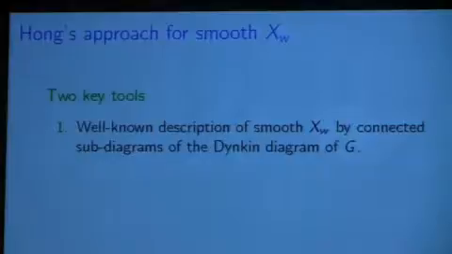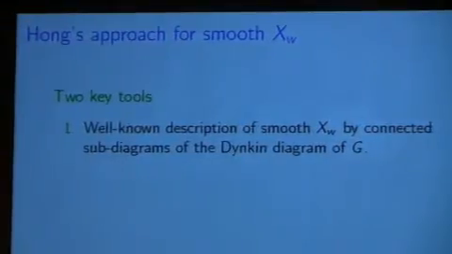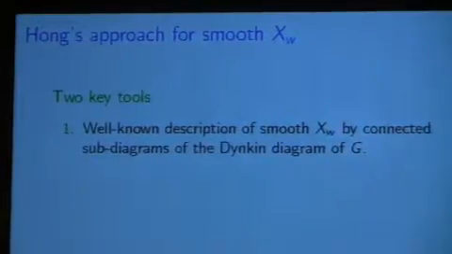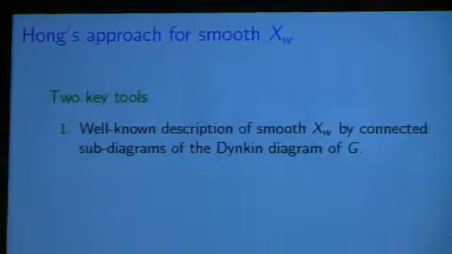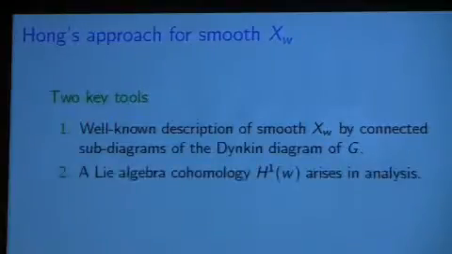And these are the hieroglyphics that Mike talked about in some of his talks. You can pack an enormous amount of geometry into some lines and dots. And one of those geometric data you can pack in is information on the smooth Schubert varieties. It's basically the statement that for the compact Hermitian symmetric spaces, the smooth Schubert varieties are homogeneous themselves. That's not true for arbitrary G mod P.